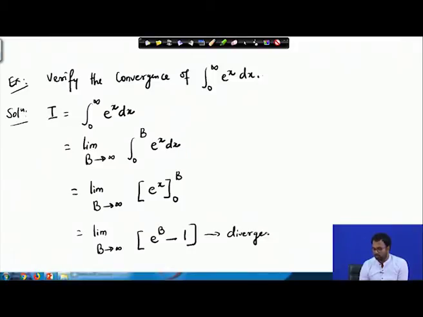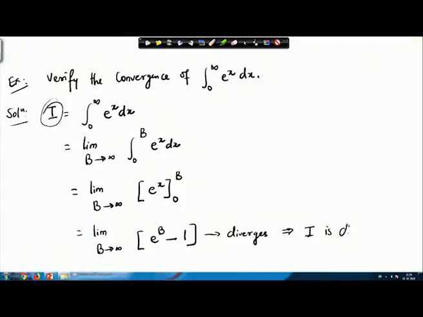That means this increases beyond all bounds as b goes to infinity. That means this integral I does not converge to a finite limit. So, it is not converging to any finite number, or the limit does not exist, and therefore, our integral I is divergent, or it doesn't exist.